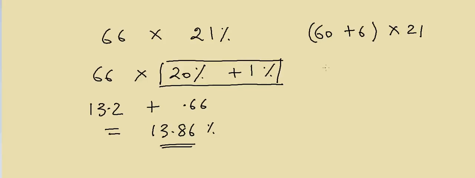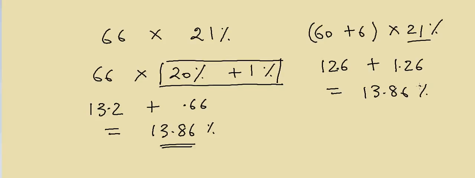In that case we can just say 60 times 21%, that is 12.6, and 6 times 21%, this is 1.26. So we can add them together and that will be equal to 13.86. So this is only about how you are making the calculation easier, right?